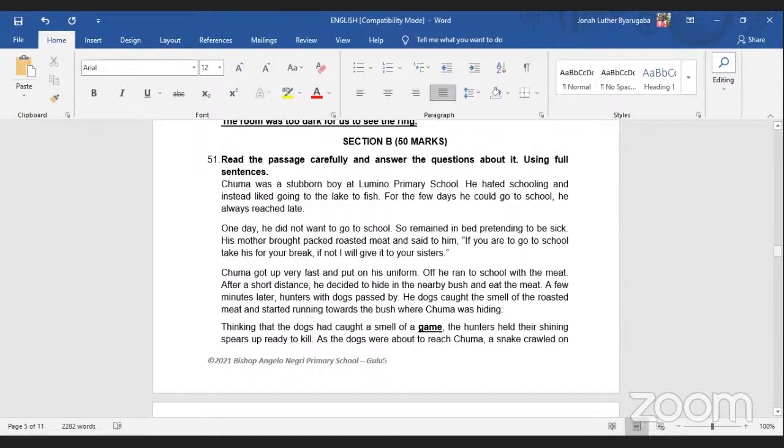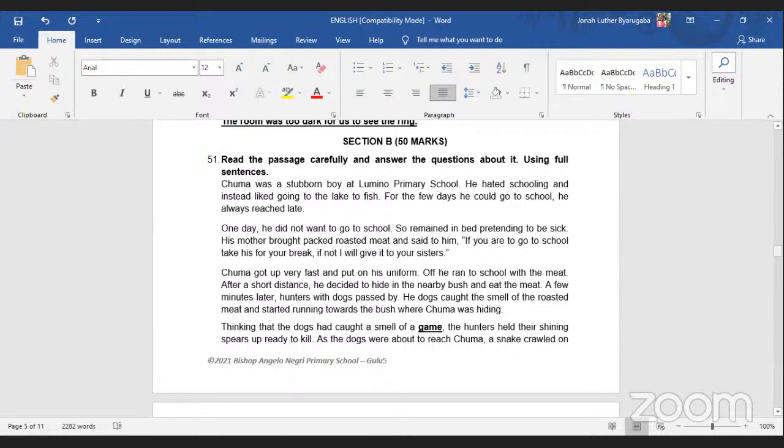That he hated going to school. Who? Shivan? Yes, hello. The main idea is that he hated going to school. Who is this "he"? I mean, the main idea is that Chuma hated going to school. Yes. So the first paragraph is telling us about Chuma.